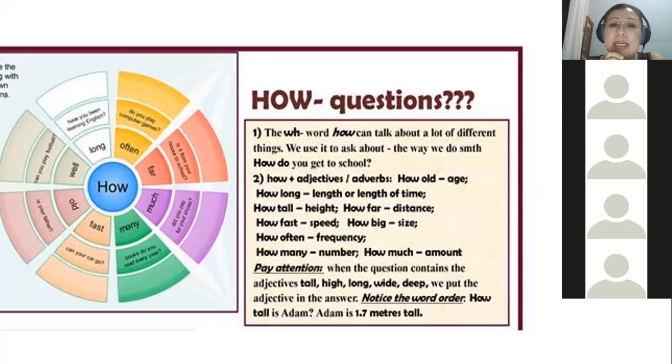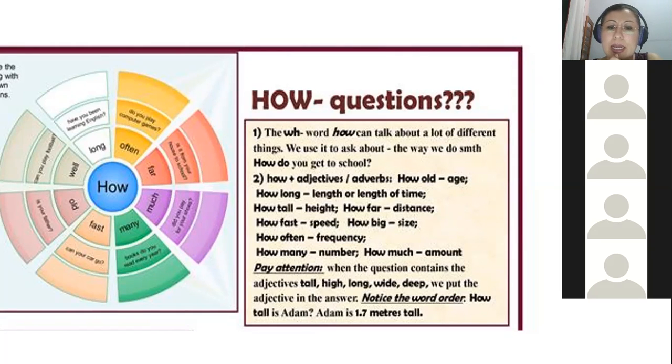Pero el objetivo es que aprendamos a utilizar la palabra WH, how, que significa cómo, y que cuando la mezclamos con otro adjetivo o con un adverbio, nos da un significado diferente. Por ejemplo, how old es cuando yo pregunto acerca de la edad. How long es cuando pregunto cuánto tiempo, ¿verdad?